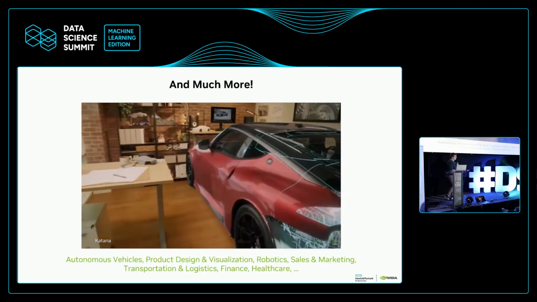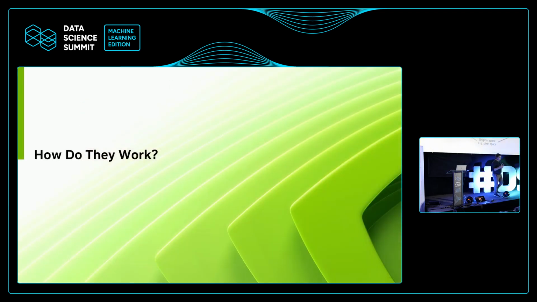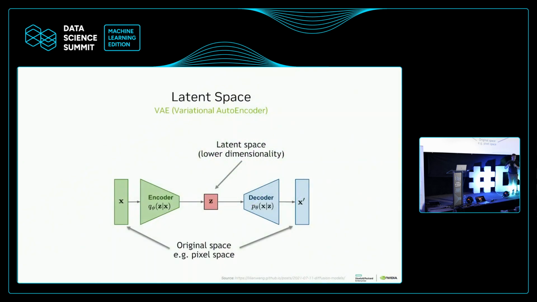So we know what we can do with them, but how do they work? Let me start with latent space. VAE, Variational Autoencoder, allows us to translate highly dimensional data into a lower dimensionality space.